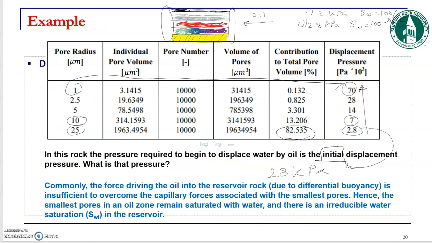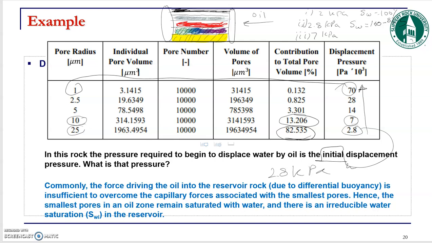All right, so now what's next? Then you increase your pressure, right? To 7 kilopascal. Then you will remove all the water which is in the 10 micrometer pores. So you remove the water and substitute it with oil, right? How much would be your new saturation? You already lost 82%, right? If you remove the water from the 10 micrometer pores, you will lose another 30%.